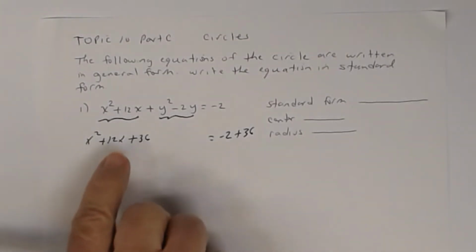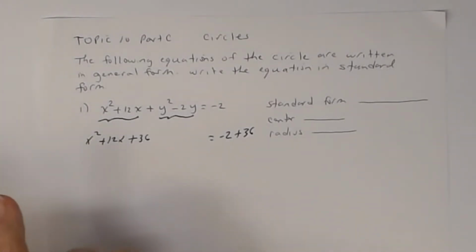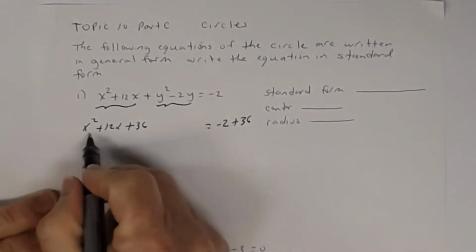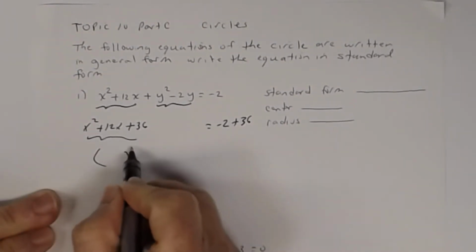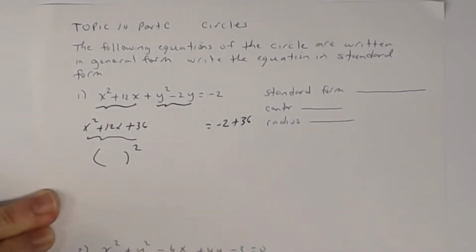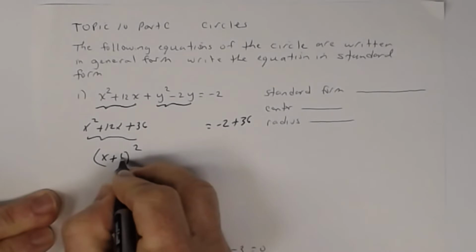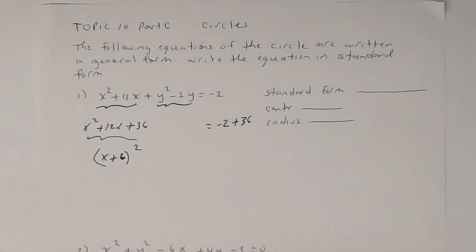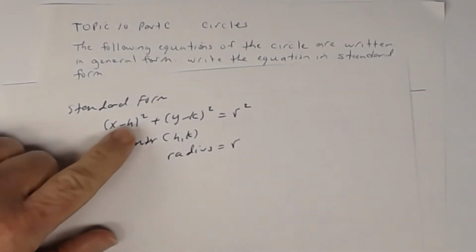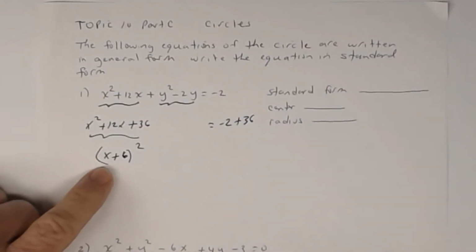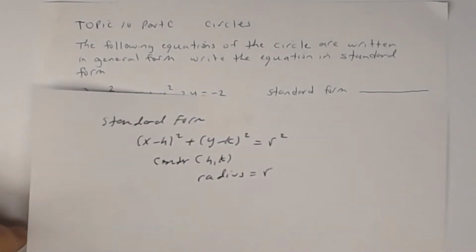If you're doing this correctly, remember when you did completing the square with quadratic equations, this should now be a binomial squared. So this is a perfect square trinomial, and it is, because now you can write it as (x plus 6) squared. And you see now it's starting to look like this. See that? This right here is starting to look like this.